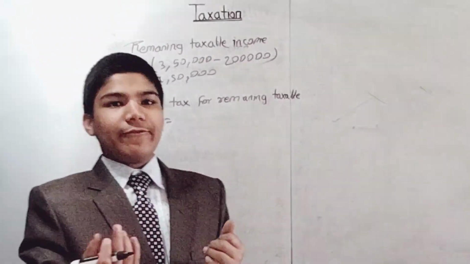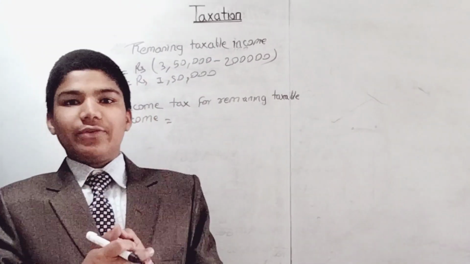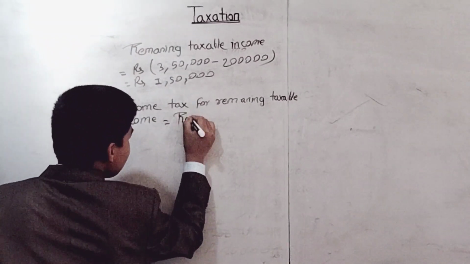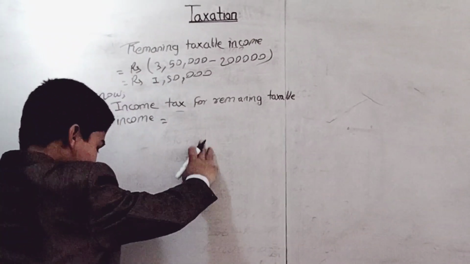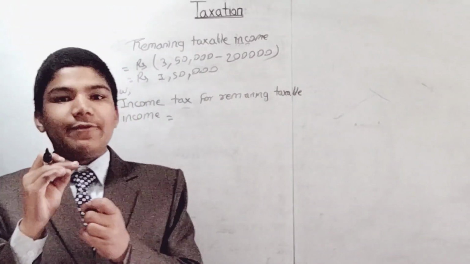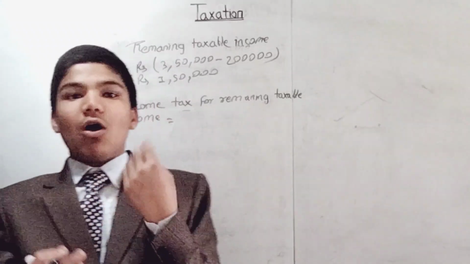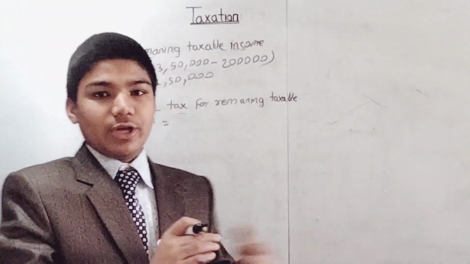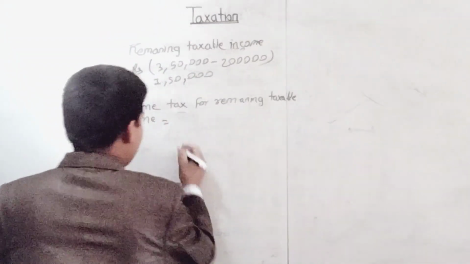So we have already found it for 2 lakh, no need to find that again. So rate of tax, I am going to write directly from the question, as it was told: for 2 lakh rate of tax is 10%, and for the rest it is 15%. So here rate of tax will be 15%.